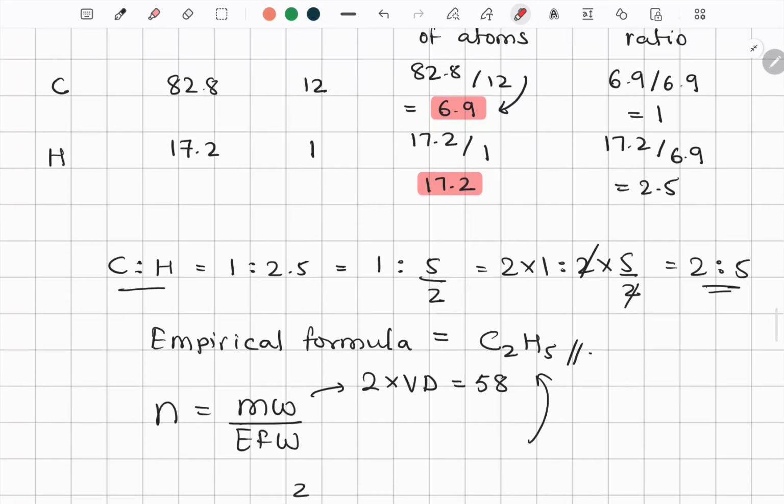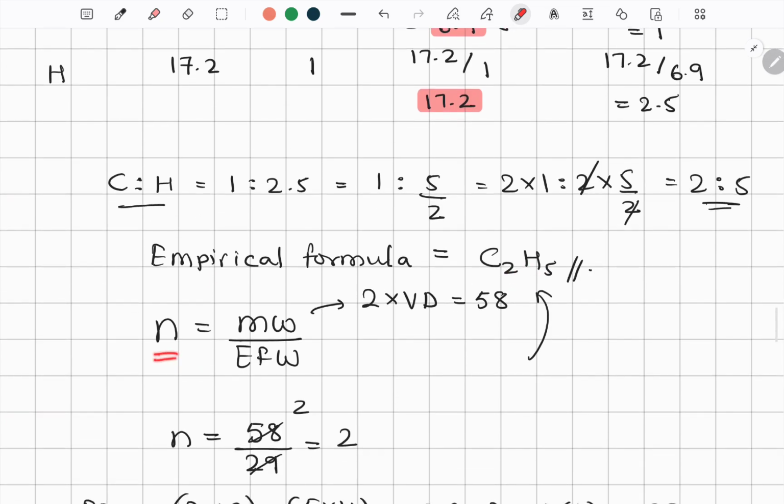Then we saw that there is a fraction, and a fraction cannot be there, so we get rid of it by multiplying by the appropriate number. It was 2 over here, so when we multiply by 2, the simplest whole number ratio becomes 2:5, and hence the empirical formula was C2H5.